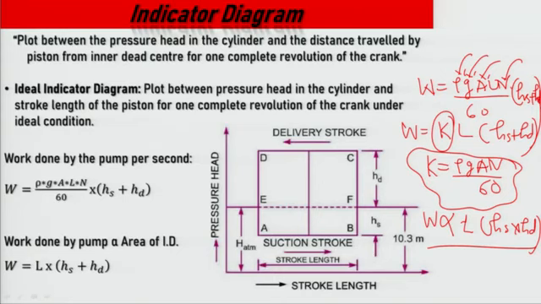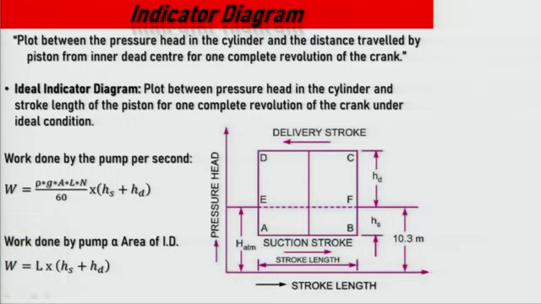L is the length, and what is the head? Hs plus Hd. In this case, L is AB, and Hs plus Hd is BF plus FC. So the work done is proportional to AB, meaning length L, into Hs plus Hd.